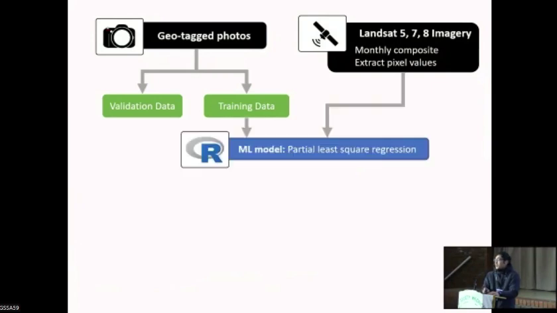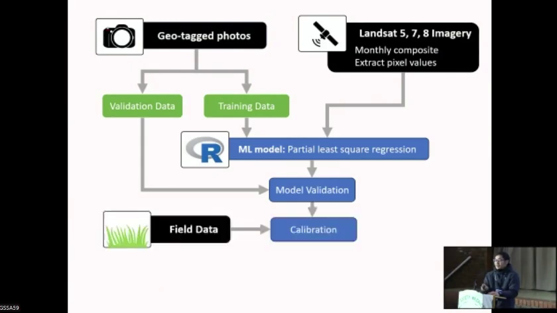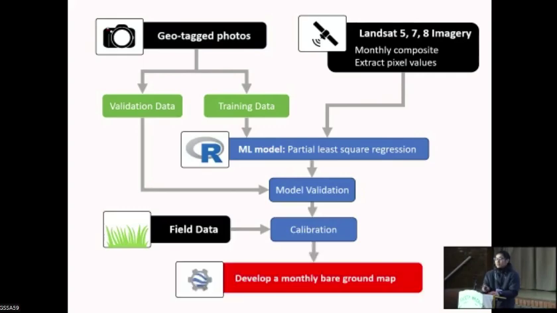They are put together into a machine learning model, which I will explain a little bit more later. Then the model is validated by the validation data set, and will then be compared with field data, and produce a bare ground map. But for the purpose of this talk, I just started my field data collection, so I'll talk about the upper part of my slide.